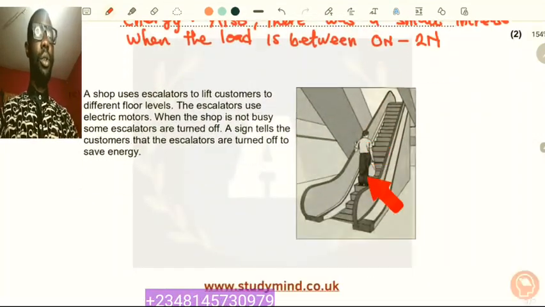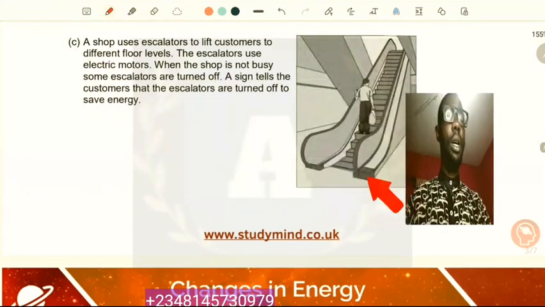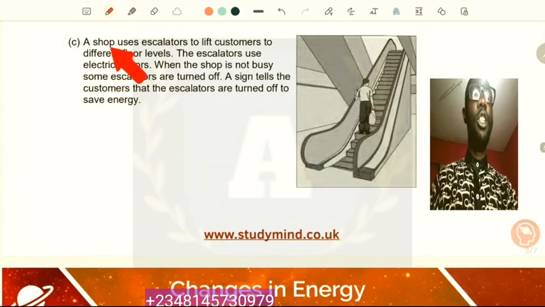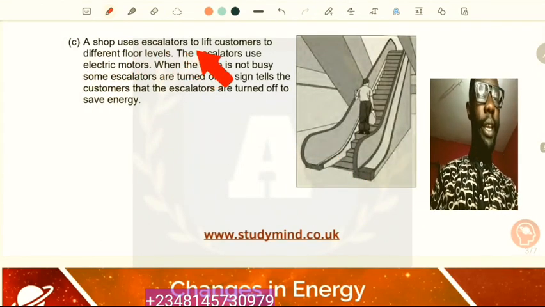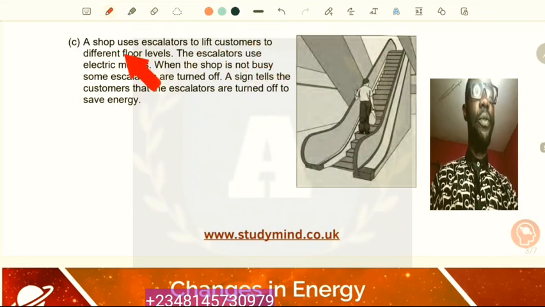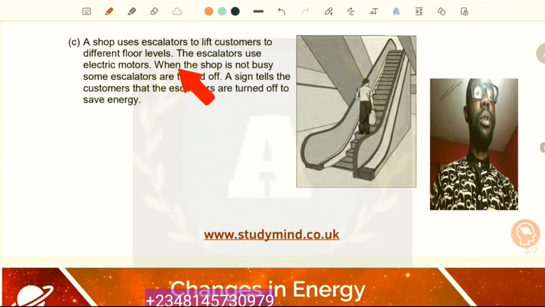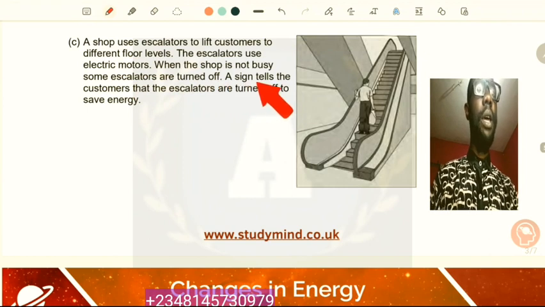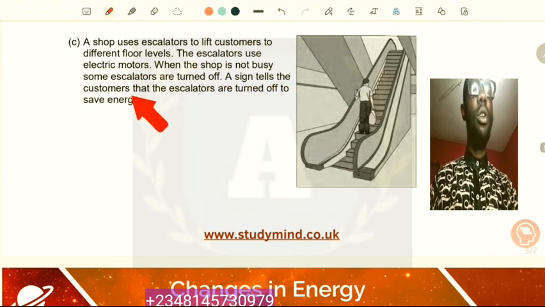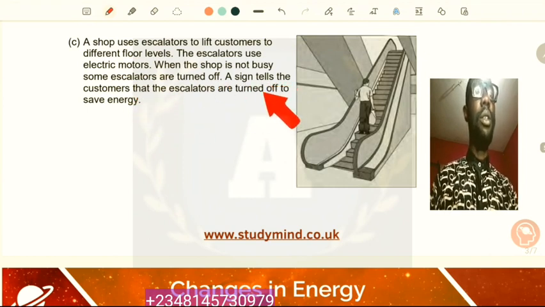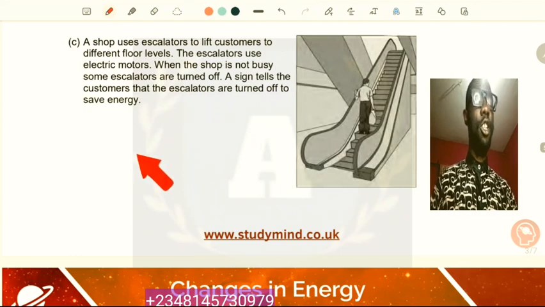Now quickly to the next question. A shop uses escalators to lift customers to different floor levels. The escalator uses electric motors. When the shop is not busy, some escalators are turned off. A sign tells the customer that the escalators are turned off to save energy.